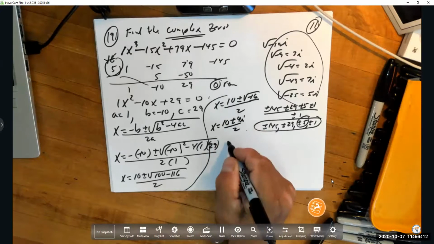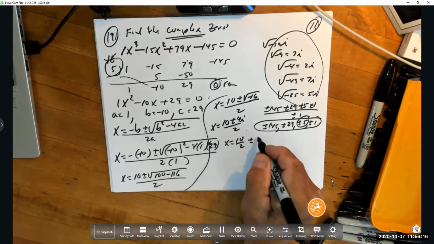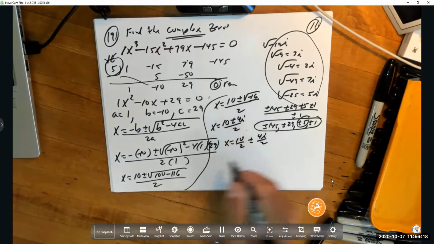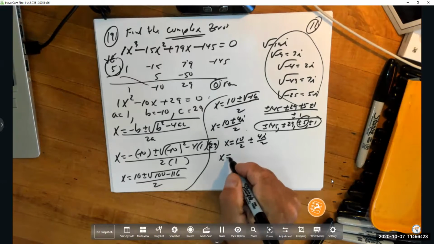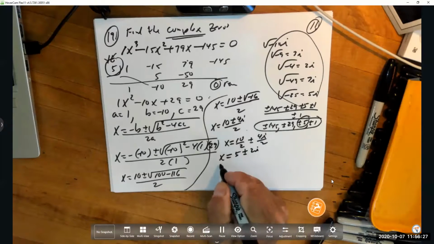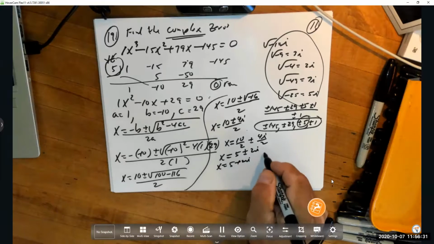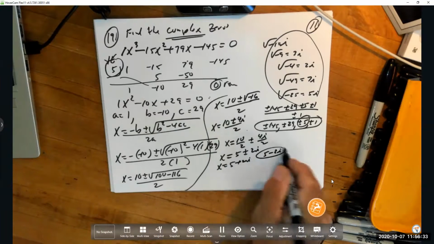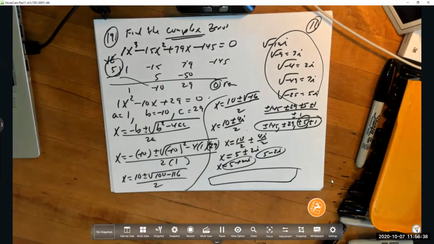So now I'm going to divide this number by 2, and I'm going to divide this number by 2. So 10 divided by 2 is how much? 5. 5 plus or minus 2i. So it looks like you have 5 plus 2i and 5 minus 2i. You got this and this. So all 3 answers in my box, what do you think all 3 answers are?